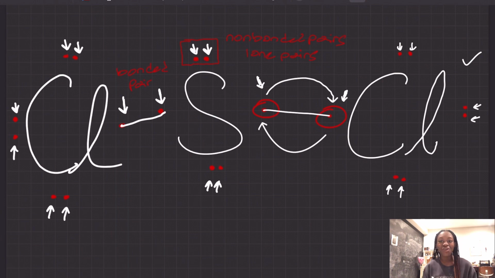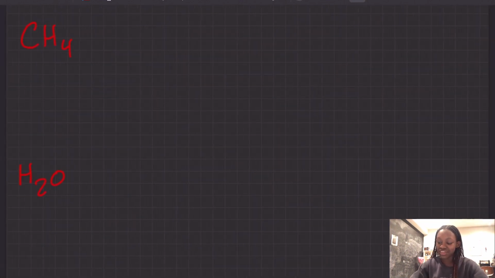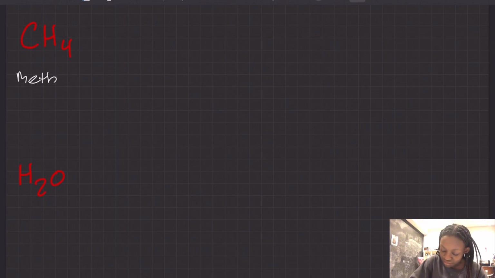All right, hopefully we got the gist of it, because it's time to do some practice. So we'll just come right over here and get started with this problem. So we have CH4, which is 1 carbon atom and 4 hydrogen atoms. This molecule is actually also known as methane gas.